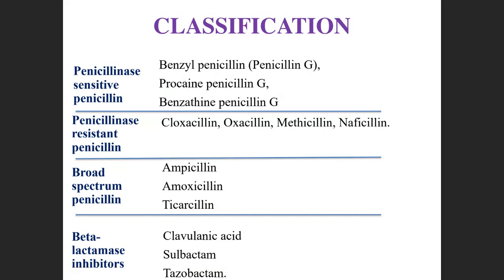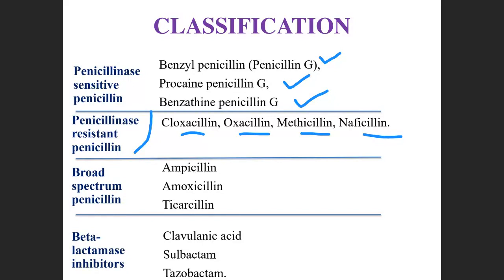The classification of these drugs is penicillinase-sensitive penicillins, which are benzyl penicillin, otherwise called penicillin G, procaine penicillin G, and benzathine penicillin G. And penicillinase-resistant penicillins are cloxacillin, oxacillin, methicillin, and nafcillin.